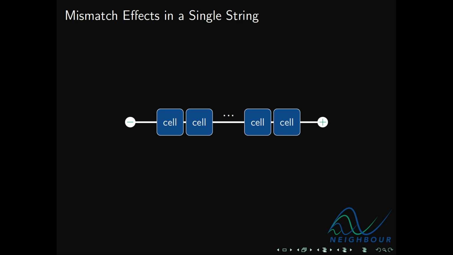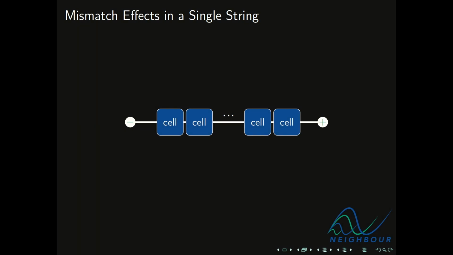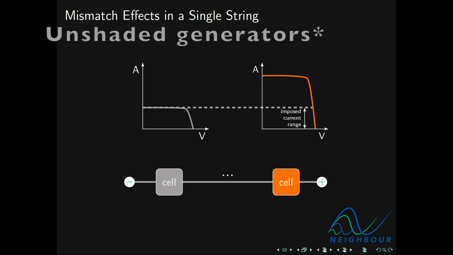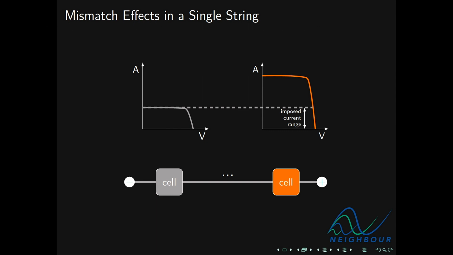The second benefit of split cell modules is their ability to handle shading better. Let's look at why. First, let's look at shading in a single string. Suppose that one PV generator is shaded, connected in series to others that are not. The shaded generator is going to have a much shorter IV curve, and because they're connected in series, it's going to impose its limited current capacity on the others connected in series.